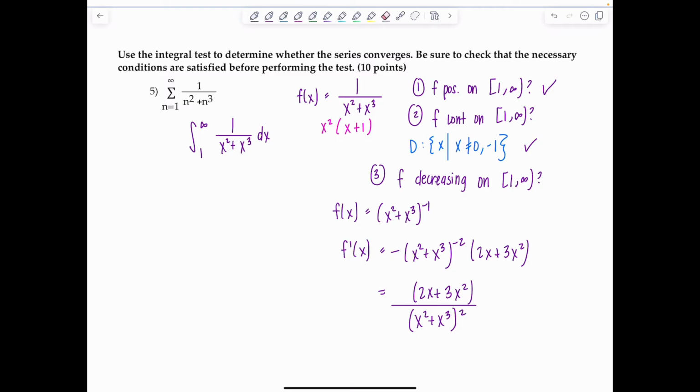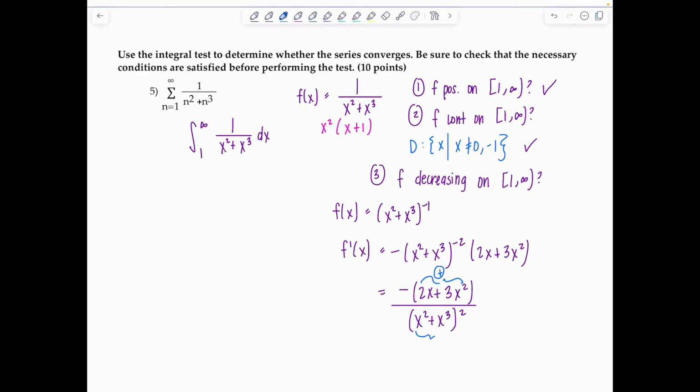And then remember here, this is special because we're not plugging in any real number for x. We're only plugging in values from 1 to infinity. Those are the only values that x can take on. So from 1 to infinity, this quantity here, 2x plus 3x squared, is always positive. It wouldn't always be positive if x could be any real number, but because in the integral test and in this sum I'm only interested in values of x from 1 to infinity, then it is positive.